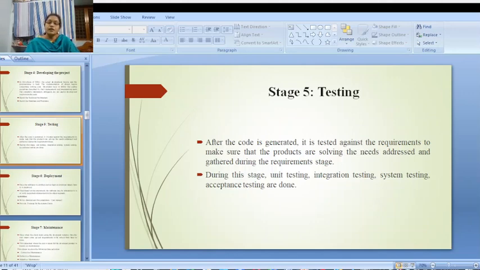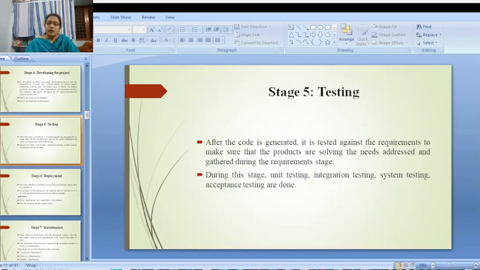Whatever errors or bugs are found, the testing team will hand the software over to the developers. If any errors are there, the developers will start doing the error corrections.